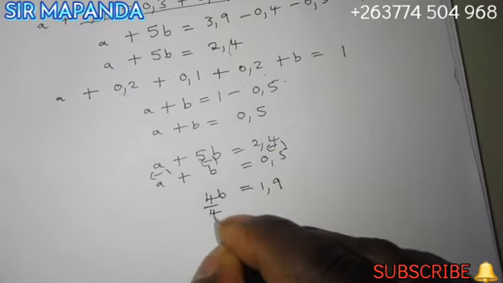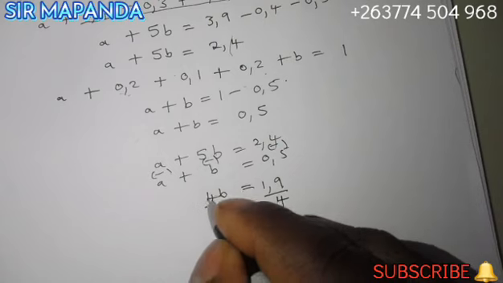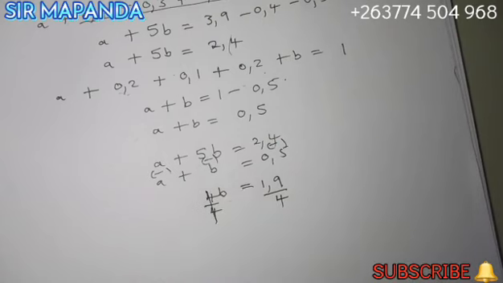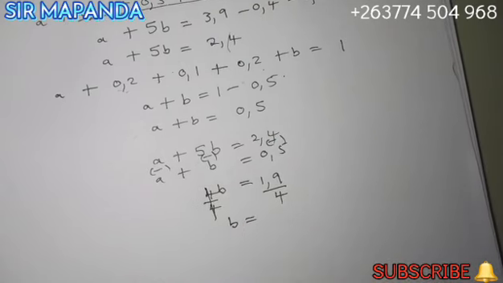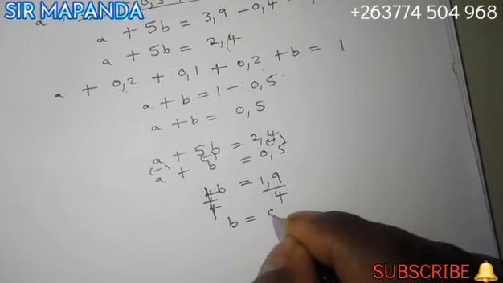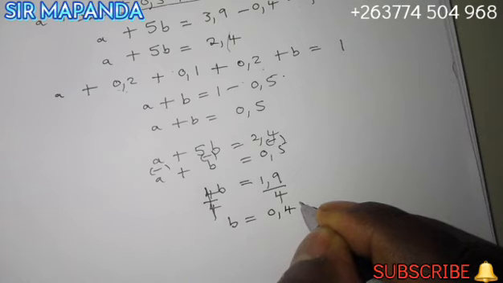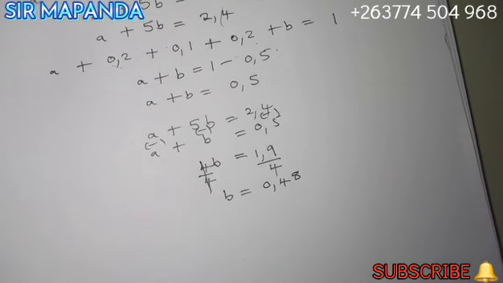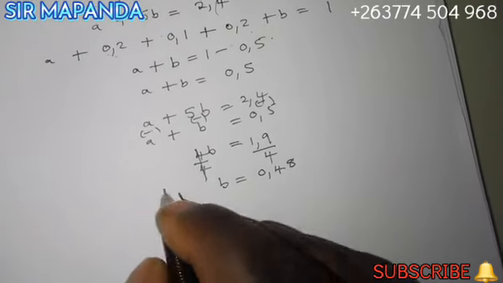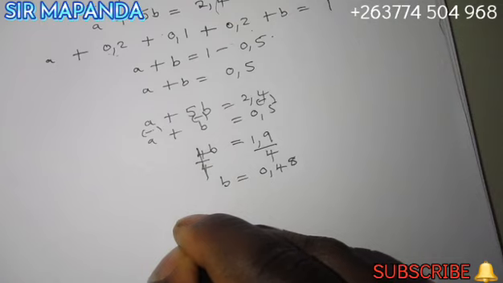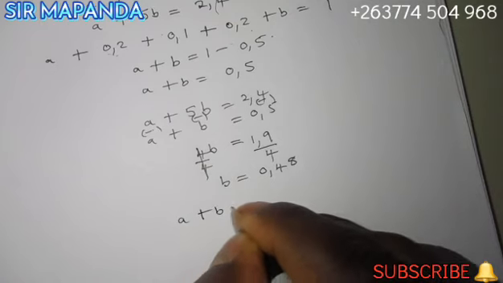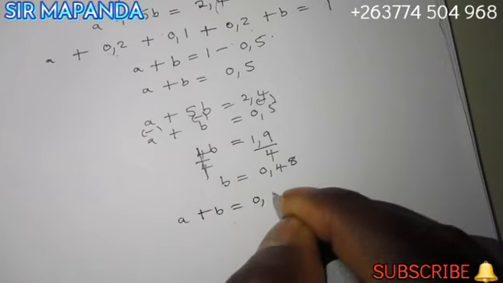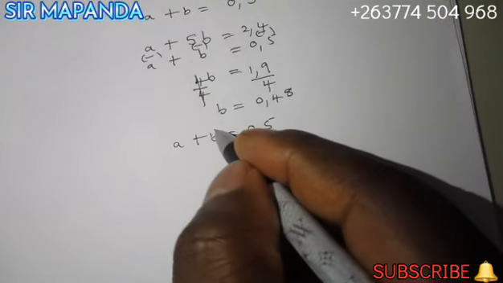So divide both sides by 4. But remember, the instruction is to give your answer to 2 decimal places. So 1.9 divided by 4. Your answer is 0.475, which is 0.48 to the required 2 decimal places. So to then find a, you simply need to substitute 0.48 for b.